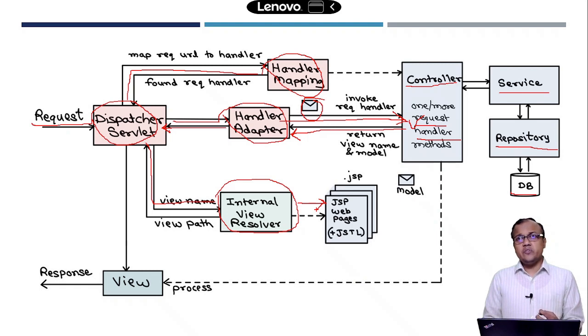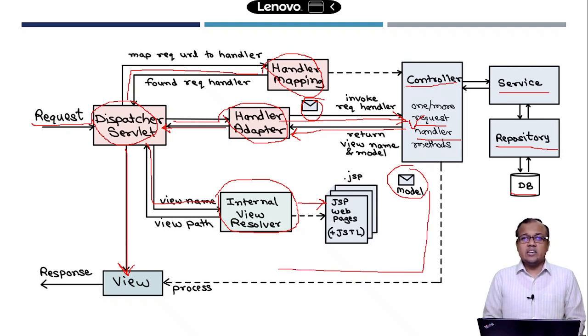If we are dealing with JSP views, usually they are located in the root of the web application or under WEB-INF. Then those views will be processed, and during the process, if any data is sent from the request handler method in the form of a model object, then that data will also be referred to, and it will generate the final HTML response.